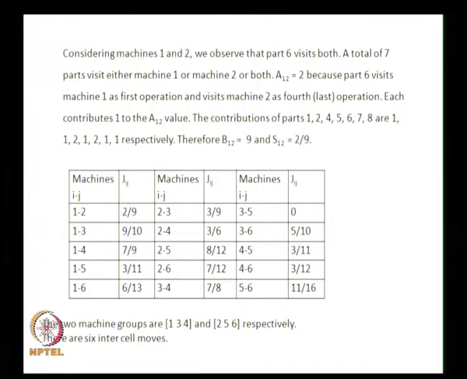So, the maximum similarity happens for 1 and 3. So, 1 and 3 will come to the first group. So, 1 and 3 will form the first group.